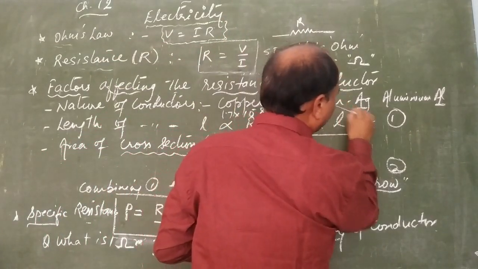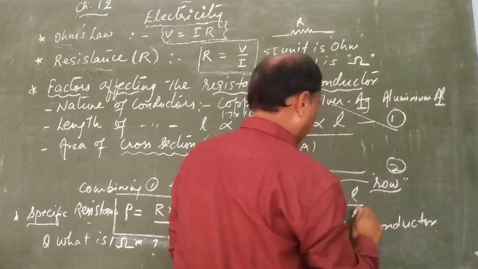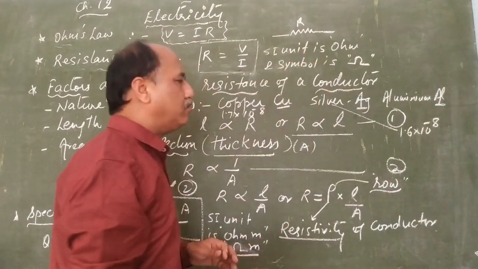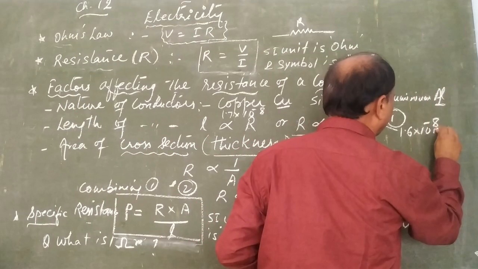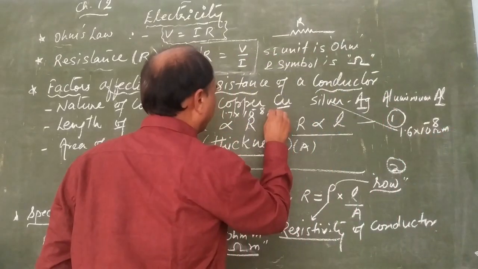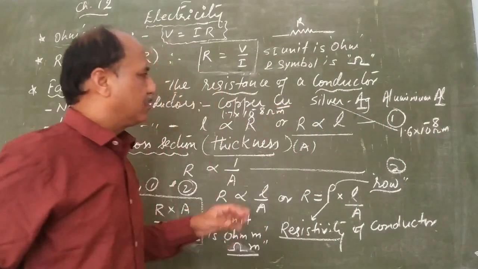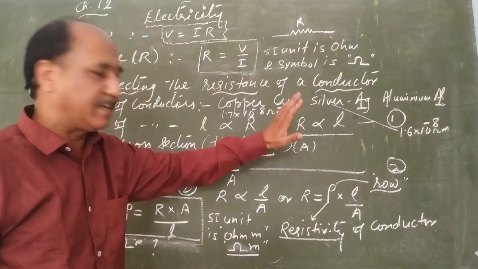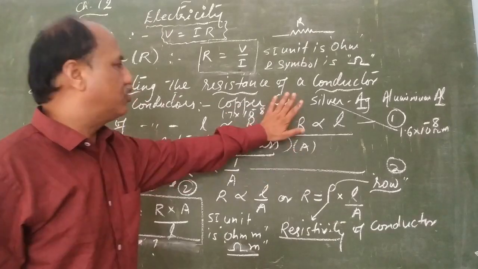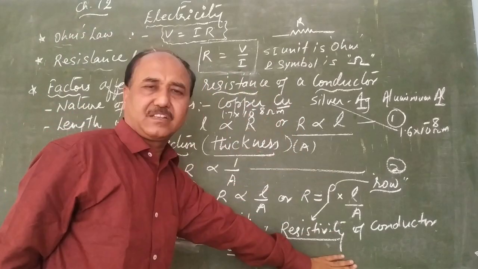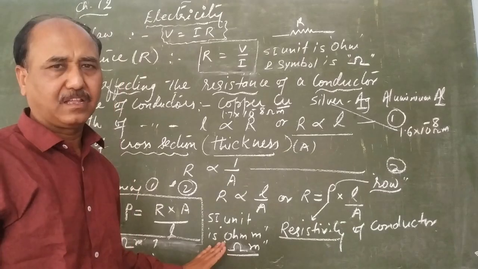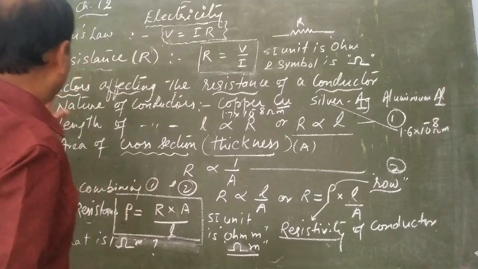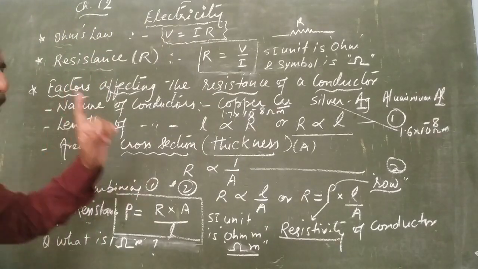Similarly, for silver, the resistivity of silver is 1.6 into 10 raised to minus 8 ohm meter. Since the unit is ohm meter, we can place this ohm meter here. So this specific resistance called resistivity is fixed for these conductors. Actually, it is a natural resistance offered by the conductor. All the time it remains the same, or constant. So this is about the specific resistance.